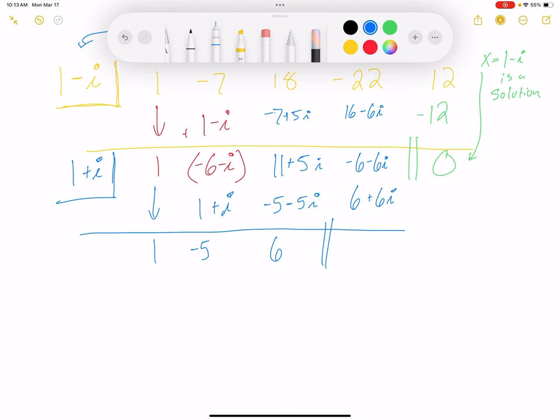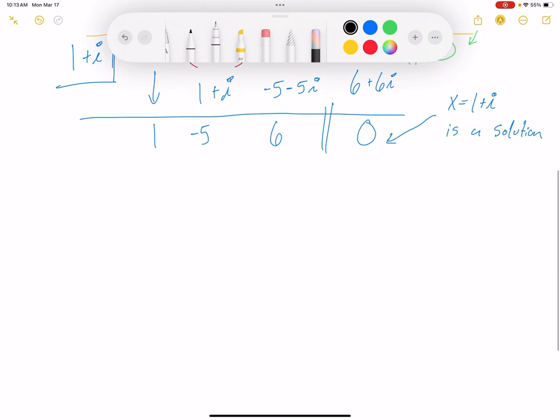Then we add those together, right? That cancels out to give you 0. So now we know that x equals 1 plus i is a solution. That is a solution, that's understood, right? It's not like we're discovering something new. That's understood by the complex conjugates theorem.